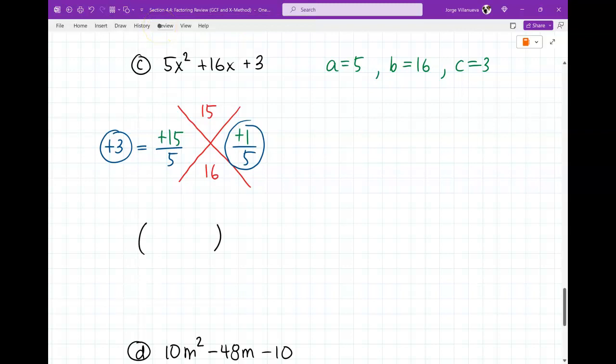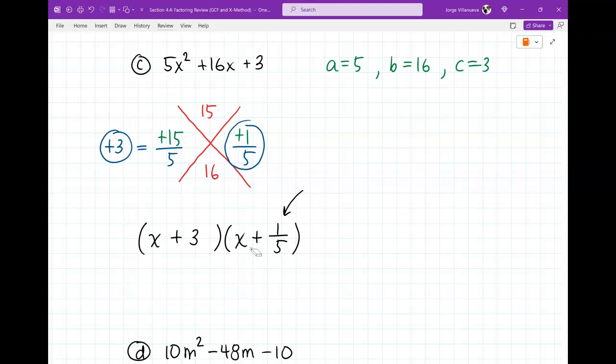Once you simplify it, you're going to do this again. So I'm not changing the process. We're going to put our parentheses there. And we're going to use the letter X and a positive 3 and a positive 1/5. But there's a rule when you factor. You cannot have fractions. No fractions.